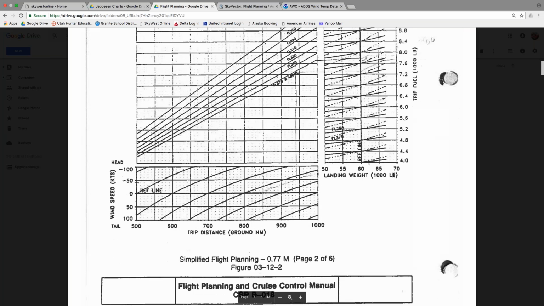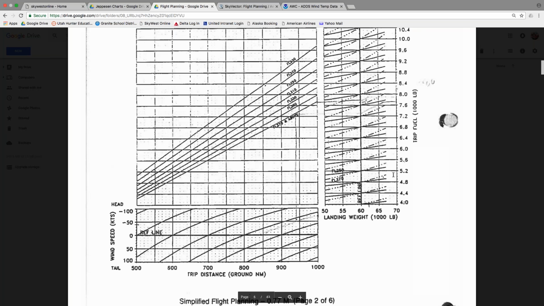Did you guys see how I did that? I'll try to draw it here on the board as best as I can. So you've got the box down here with the reference line in the center, right?